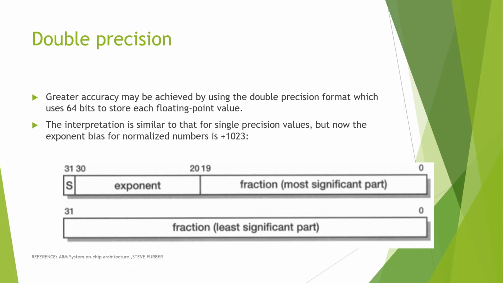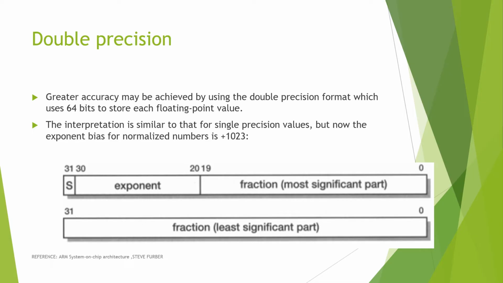So to represent somewhat larger numbers, you need this double precision format. Here the interpretation is similar to that of single precision, but what will the exponent bias be? There, we said exponent - 127; here the exponent bias is 1023. Clear? So accordingly you have this representation.